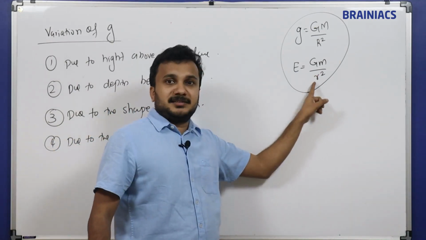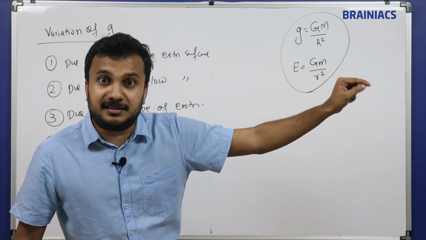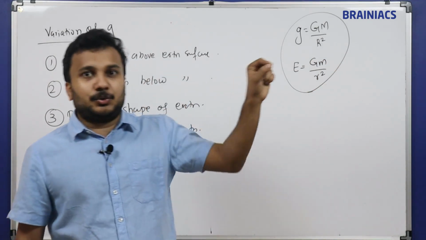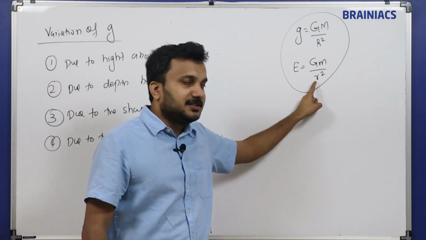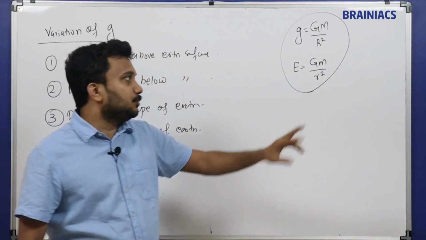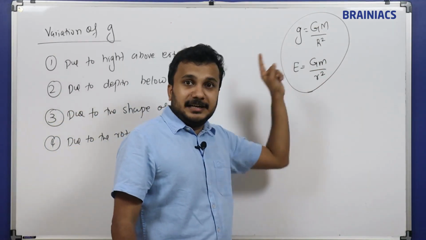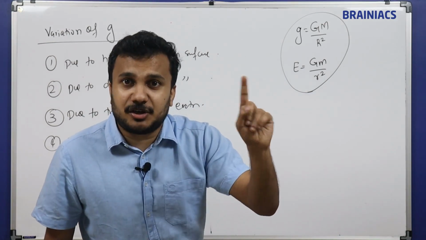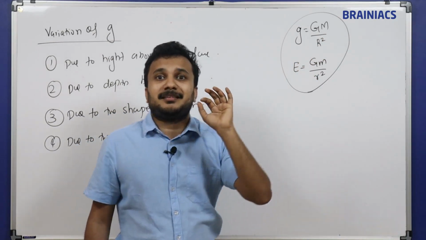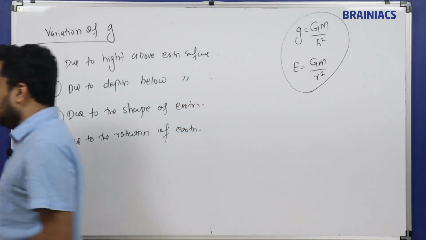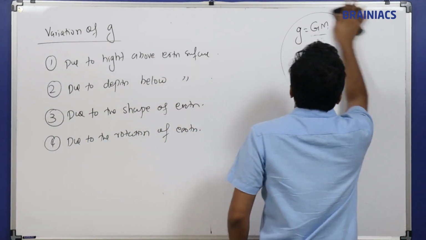And the distance from the center of that body to the point where you are calculating the intensity is the distance used, with the mass of the body called m. Acceleration due to gravity does not depend on any other factors; it depends upon the mass of the Earth and the radius of the Earth. Very important. Note down these two equations and make sure you know this clearly.